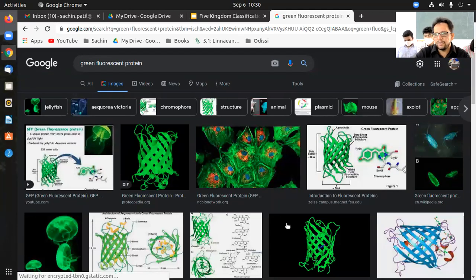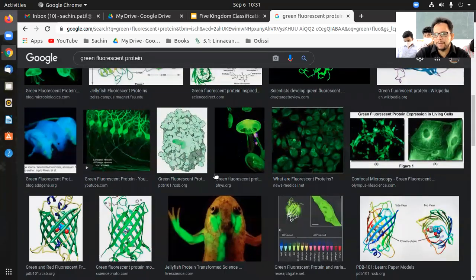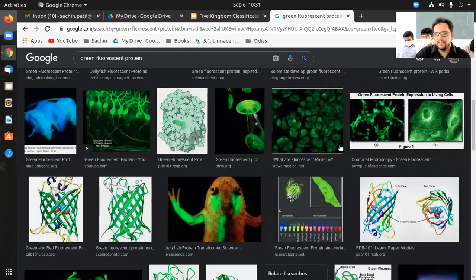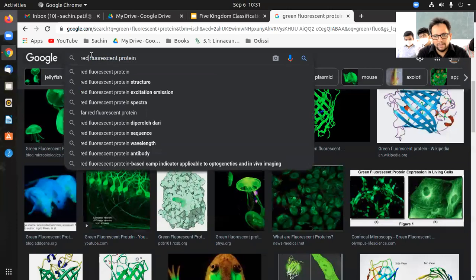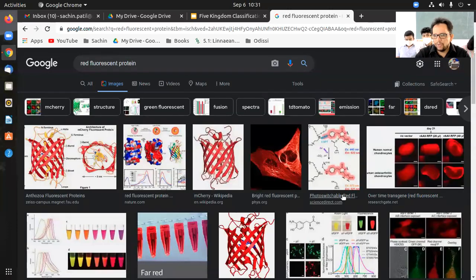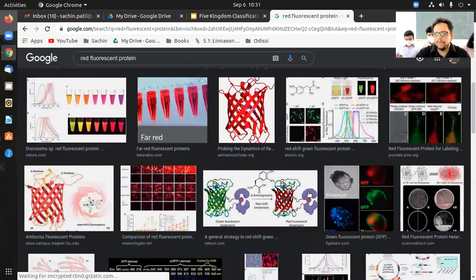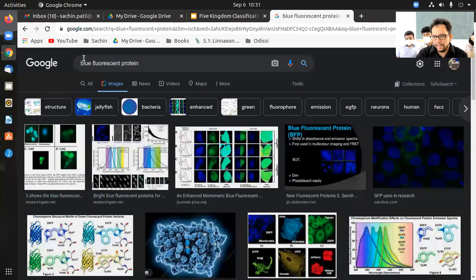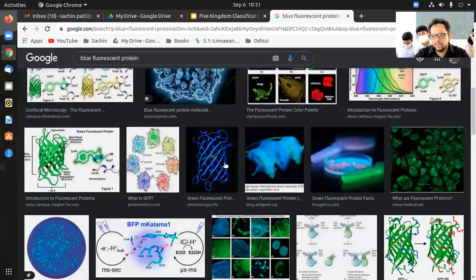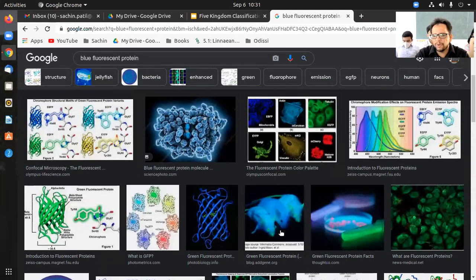That is the color you see in fireflies, and obviously they are used for different purposes. Then there is red fluorescent protein which looks red. Similarly, there is blue fluorescent protein as well, which you saw in the diagram, and these images are the blue fluorescent protein images. They also show green, but one of them is surely a blue fluorescent protein.